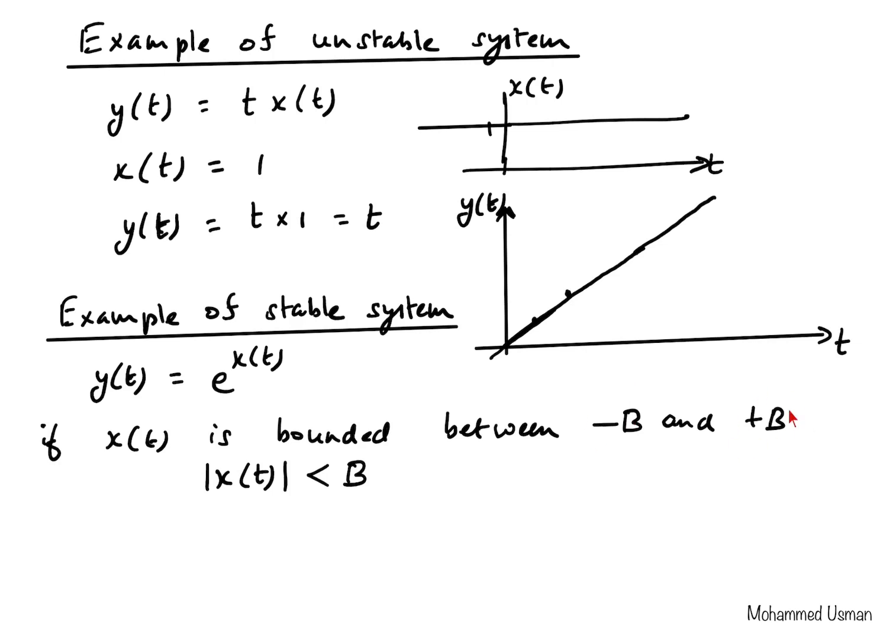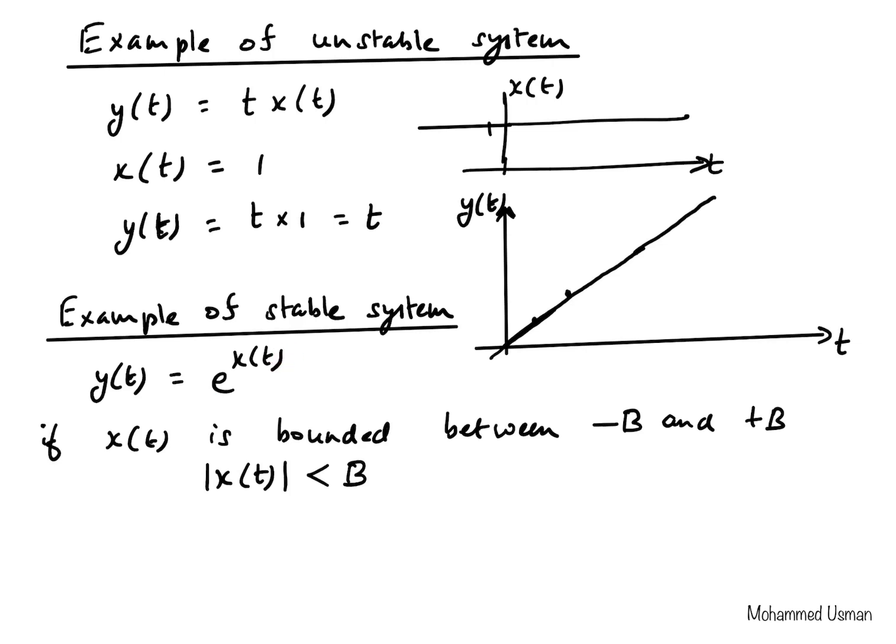The maximum value for x of t is plus b and the minimum value is minus b. So when x of t has the highest value, which is plus b, y of t will be e power plus b. And when x of t has a value of minus b, y of t will have a value of e power minus b, right?